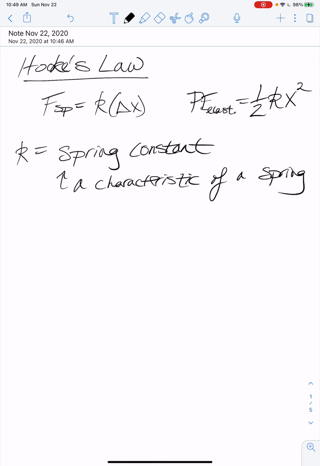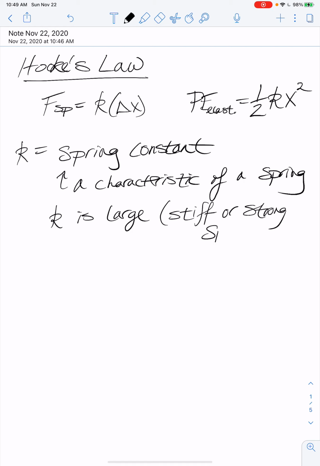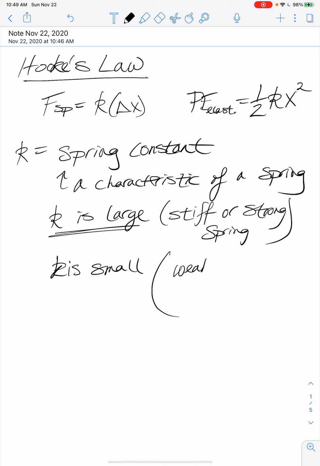And what we're saying is when K is large, you have a stiff or strong spring. And when K is small, you have a weak or loose spring. Okay.